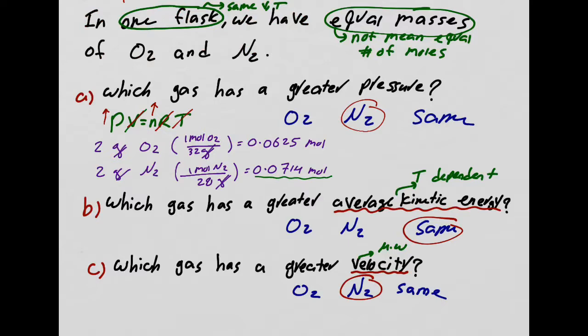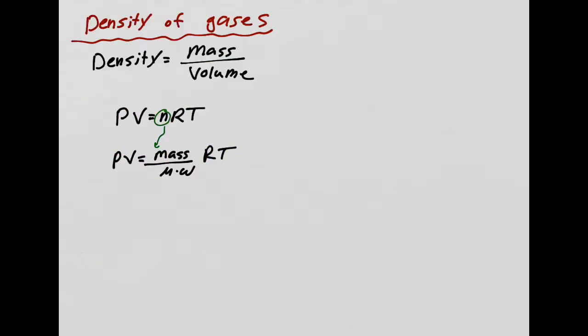Because look over here. Here you had mass, you divide by the molecular weight, you got moles, right? So mass divided by molecular weight, you get moles. So instead of writing n, which is moles, I'm going to write down mass over molecular weight. Can I do that? Sure. Because mass divided by the molecular weight would equal number of moles. Beautiful.